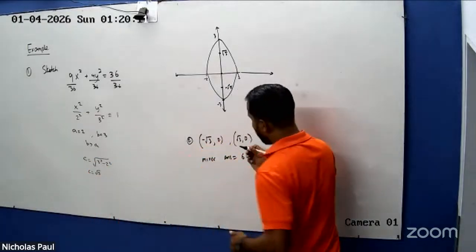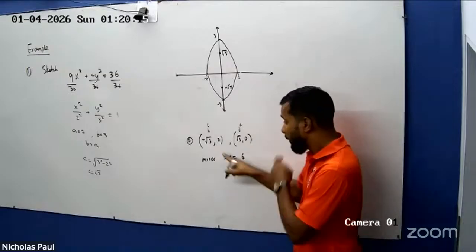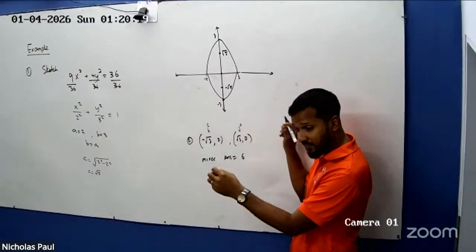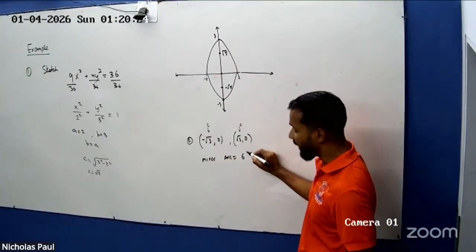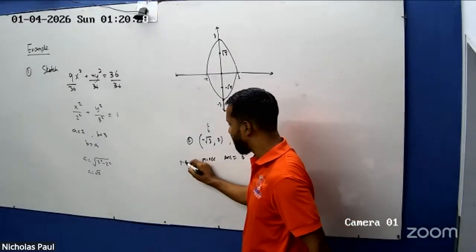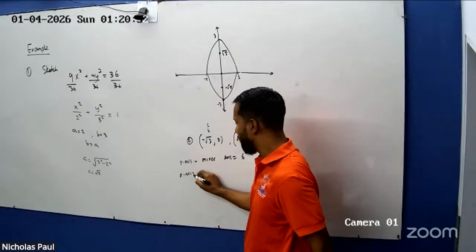This is C, and the Y value is 0. So only on the X axis is Y 0, which means it's on the X axis. So the minor is the Y axis and the major is the X axis.